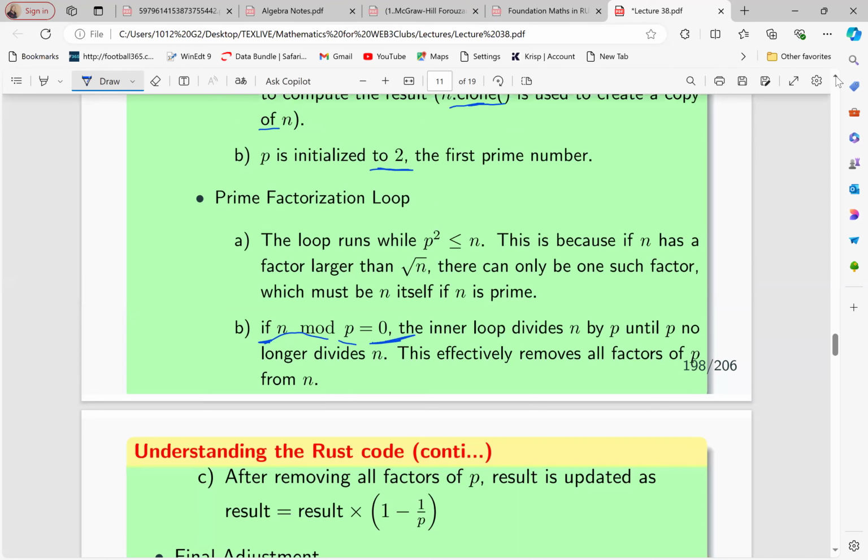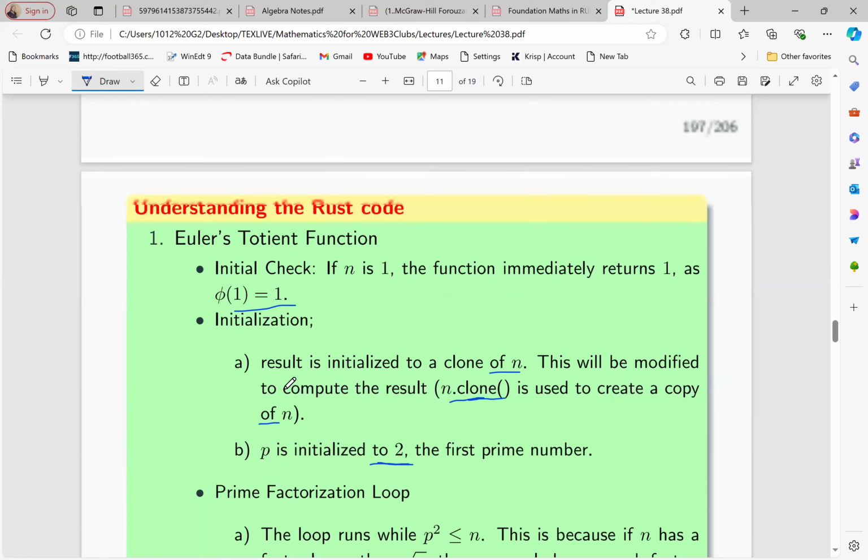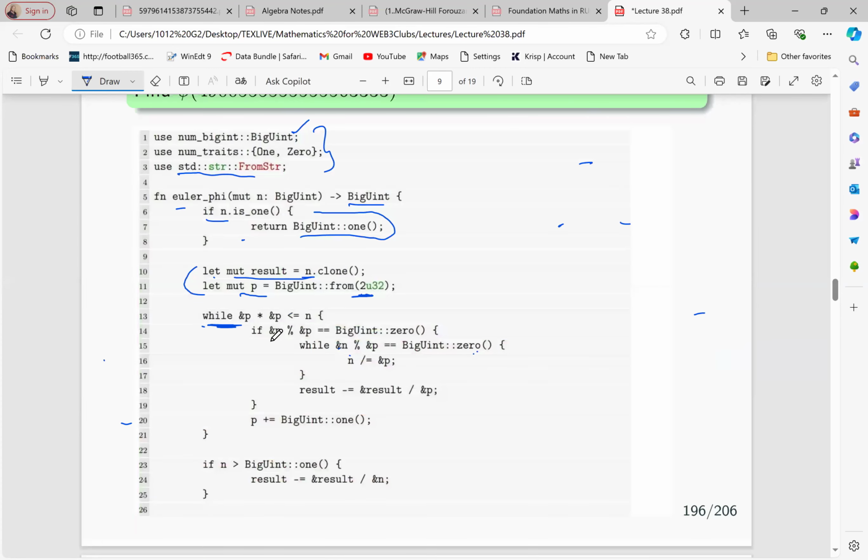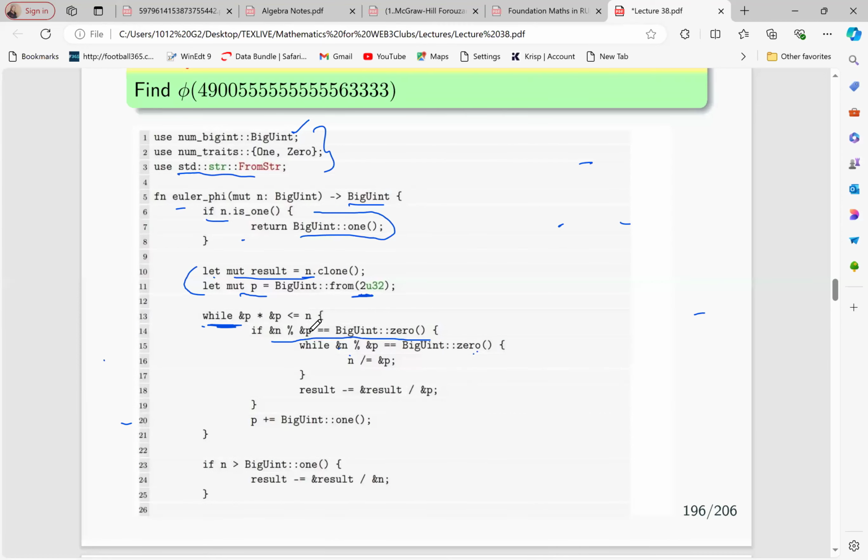That's what we see here. That is a short form of this. So I've said, if n on division by p gives you 0, then go inside again.